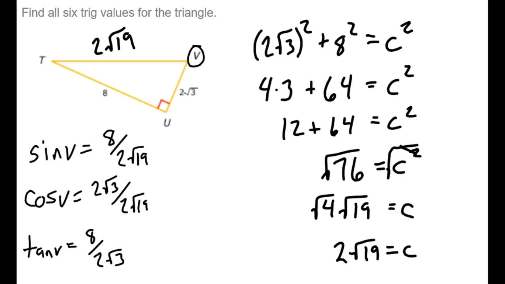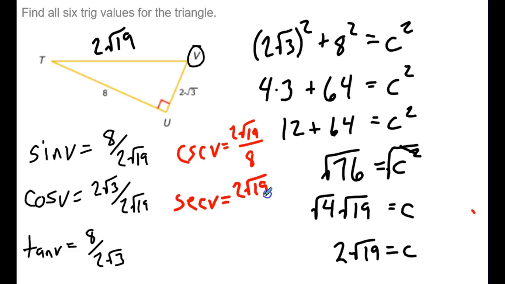Again, we could simplify all of these fractions down. They have factors of 2 in common. We don't need to work on that right now. You should know how to simplify fractions down. Now we can go through and find all the reciprocals. We have the cosecant of V, which is going to be the reciprocal. So 2 radical 19 over 8. The secant of V, which is equal to 2 radical 19 over 2 radical 3.